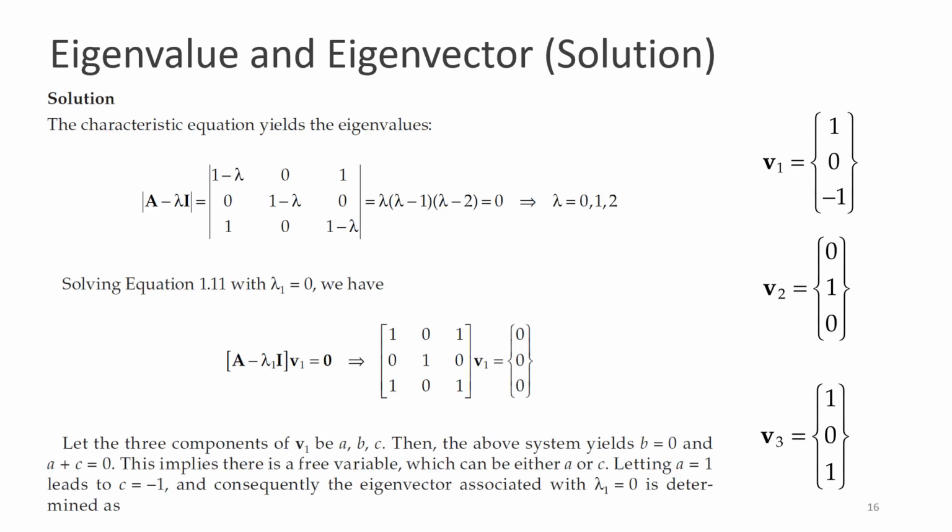First, to find the eigenvalue, remember from the previous formula that the determinant of A minus lambda multiplied by the identity matrix will be equal to 0, right?